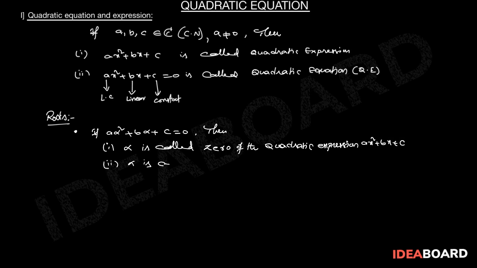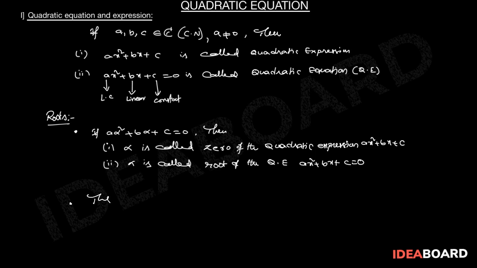Alpha is called a root of the quadratic equation ax square plus bx plus c equal to 0. Once again, if a alpha square plus b alpha plus c equal to 0, then alpha is called a zero of the expression ax square plus bx plus c, and alpha is called a root of the quadratic equation ax square plus bx plus c equal to 0.